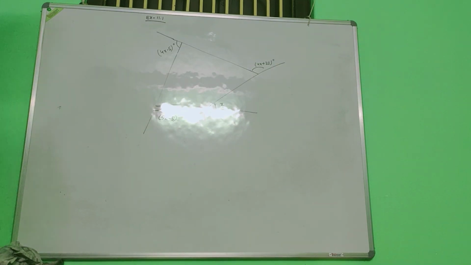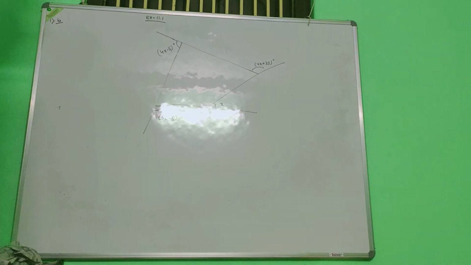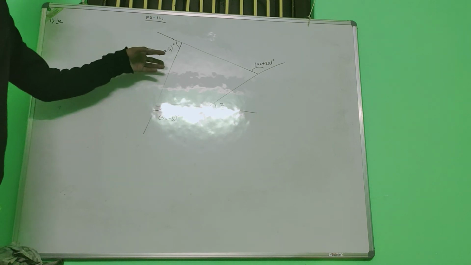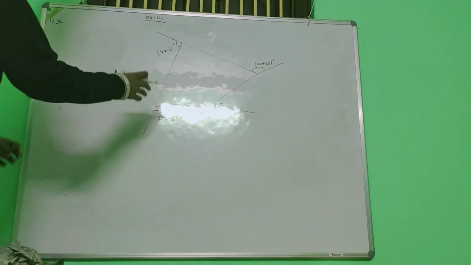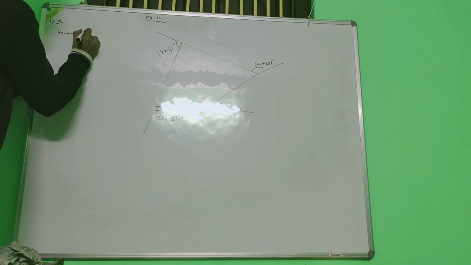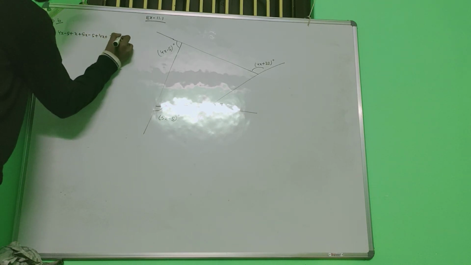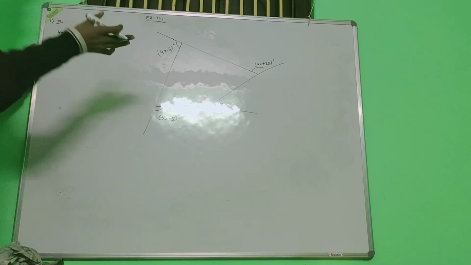Now in this question we have to find the value of x. You can see over here all the angles are exterior angles, so their sum will be equal to 360 degrees.